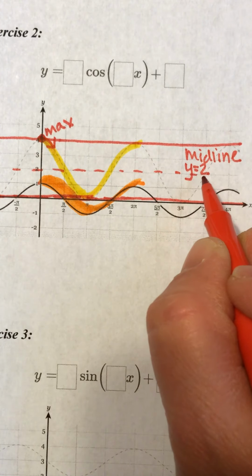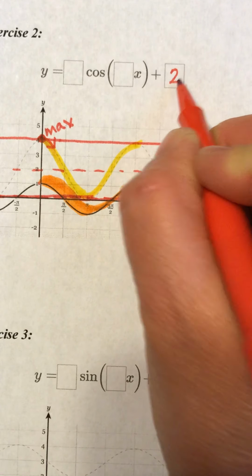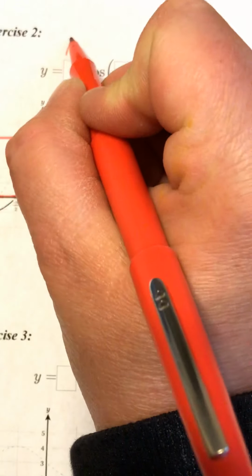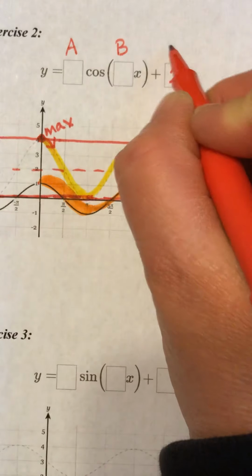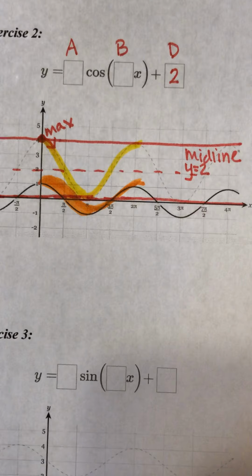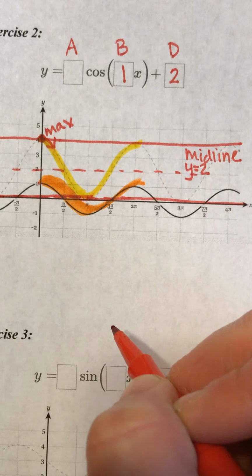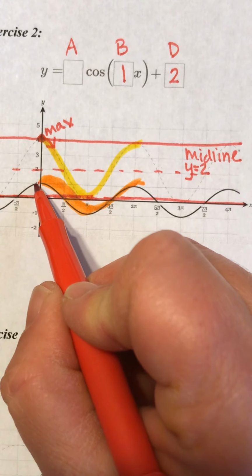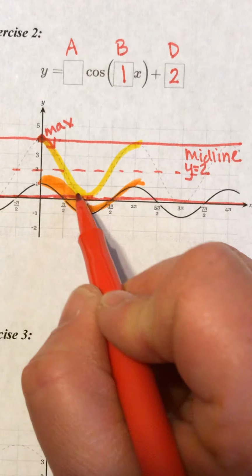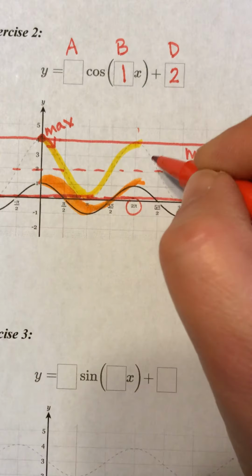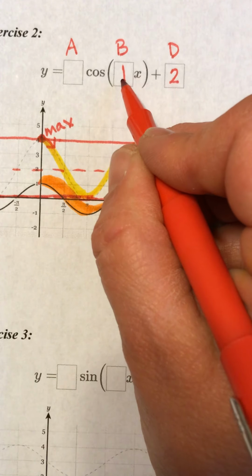So this 2 for the midline goes in this part of the equation. This is amplitude, this is frequency, this is midline. The frequency is 1. Frequency means how many complete cycles from 0 to 2 pi. This is 1 complete cosine cup, and we have 1 full cycle. That's why this is 1.